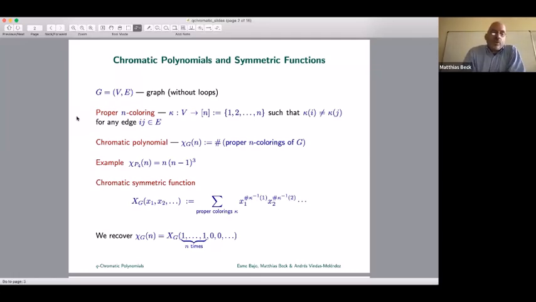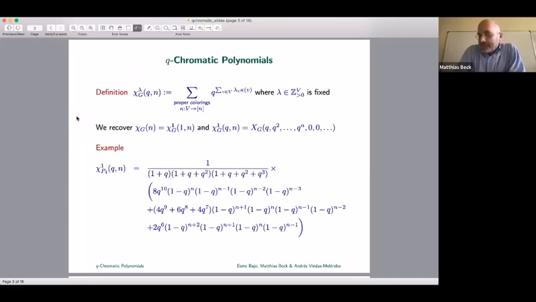So here's the definition for my talk. We have another extension of the chromatic polynomial. You fix a linear form with positive integer coefficients; think of this as a vector whose entries are indexed by the nodes in the graph.